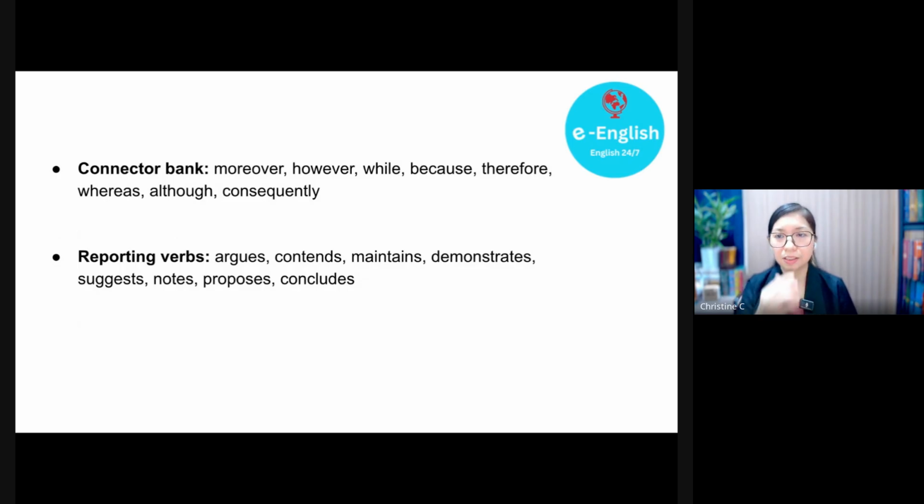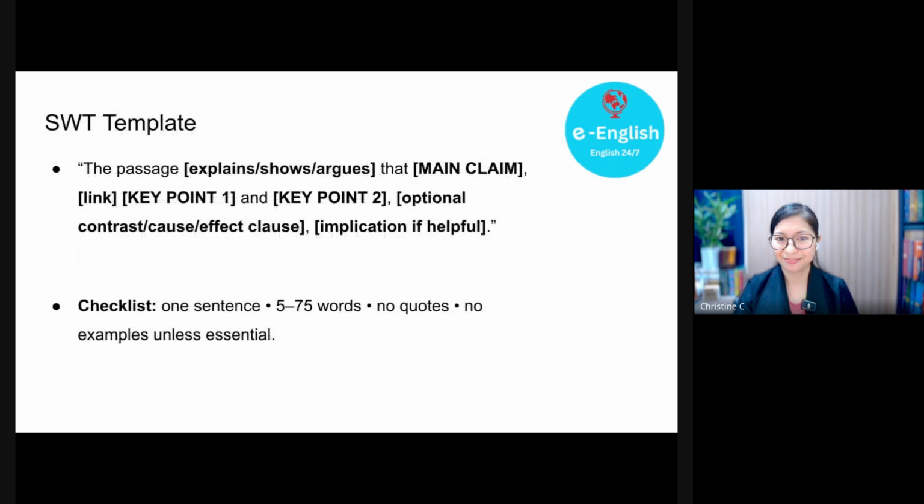The most effective way to make sure that you have a one sentence summary is to make complex sentences using connectors. You can also use reporting verbs such as argues, contends, maintains, demonstrates, suggests, notes, proposes, and concludes.